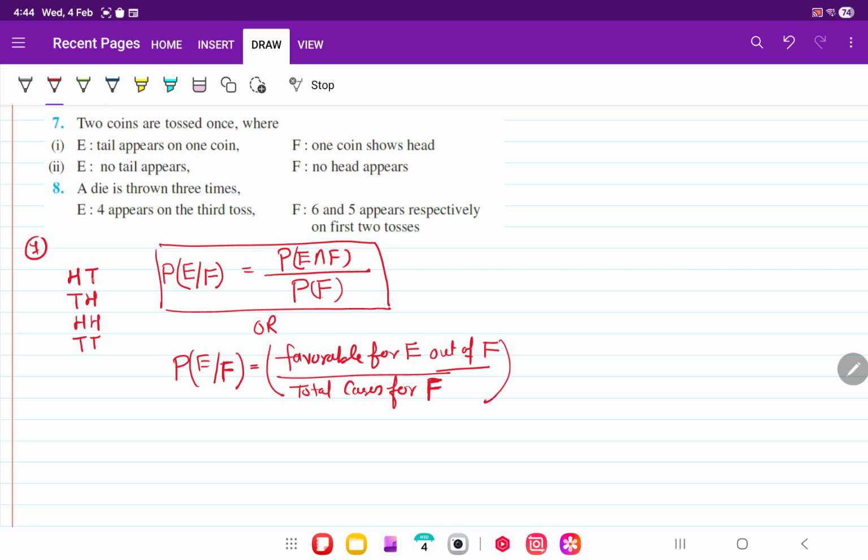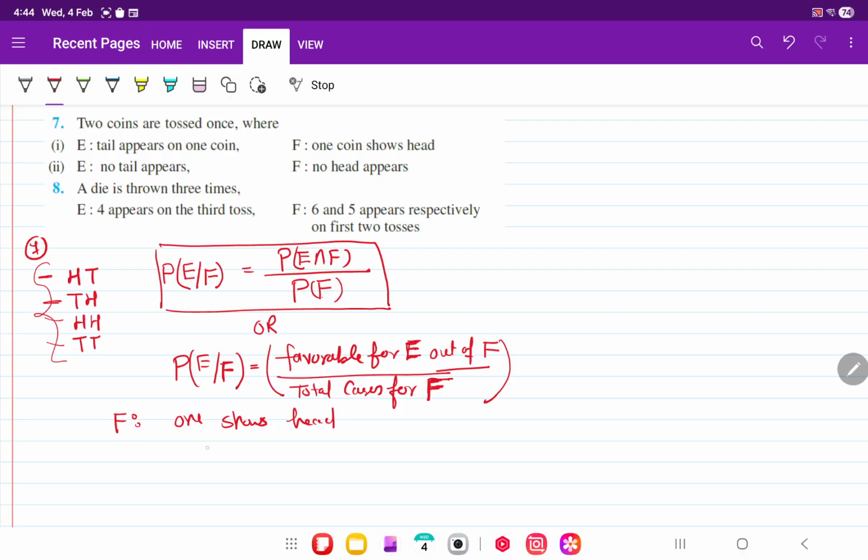Like these are the first four cases, 1 2 3 4. Out of these four cases, how many are F, and out of that how many are favorable, which satisfy the condition E.